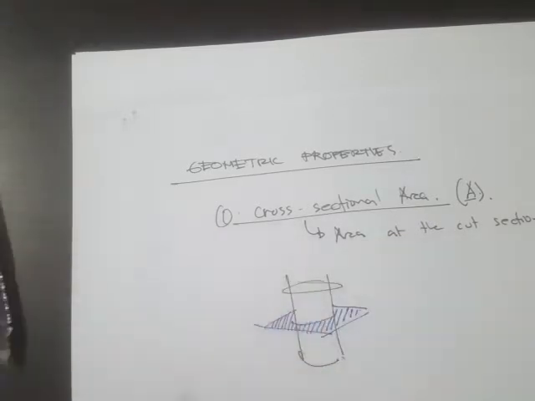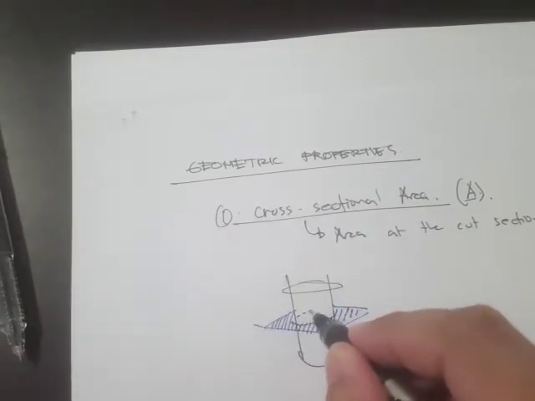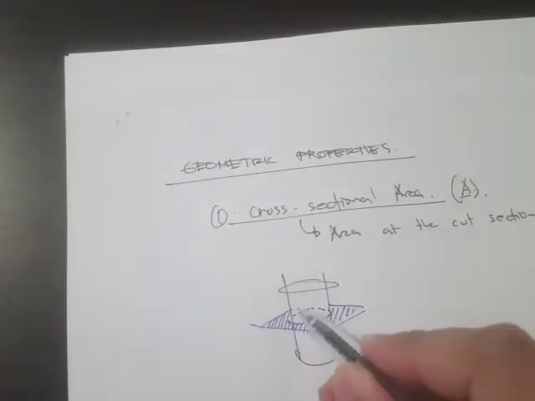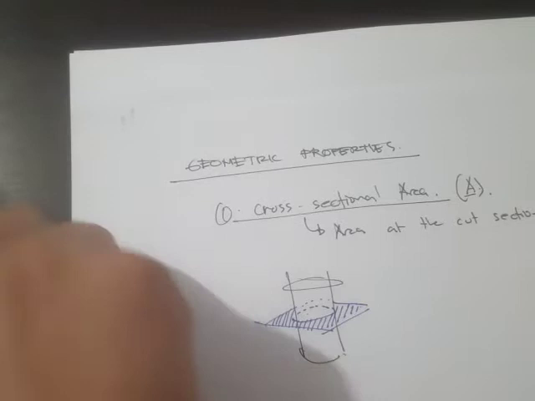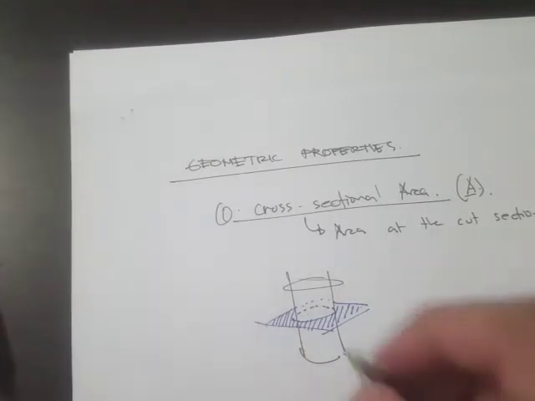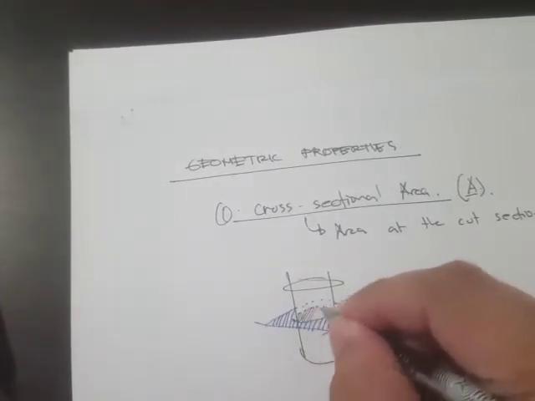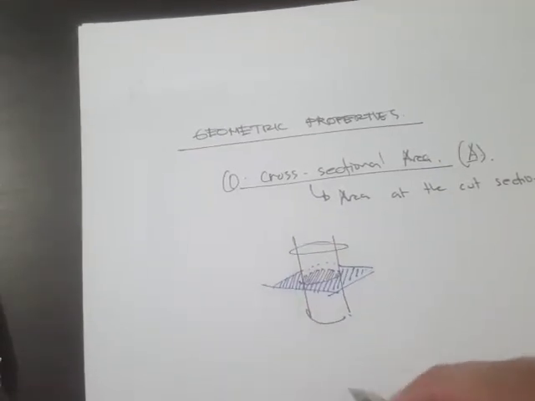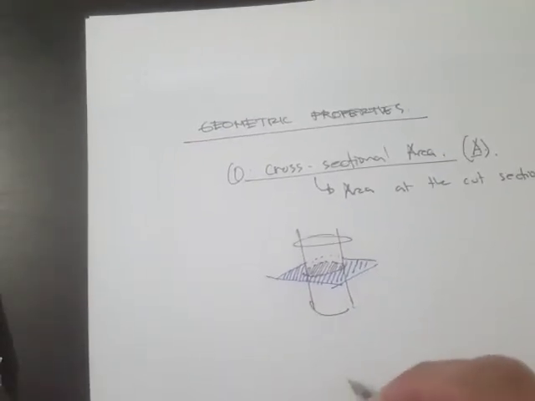If this is the section plane, then the area that I'll get is this area. I'll shade it with this black color, and therefore the area right here would be this circular area.